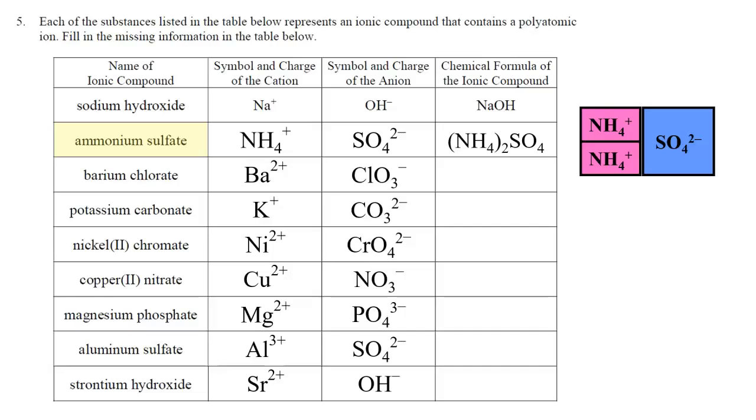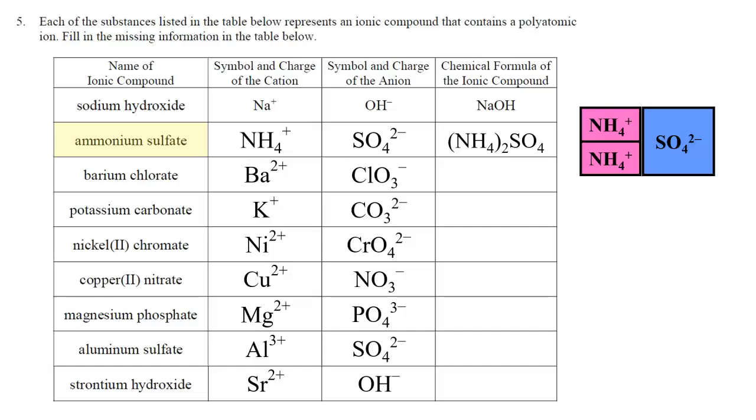So in this case, I wrapped parentheses around the NH4, and then because I need 2 ammonium ions in this formula, I put that 2 as a subscript outside the parentheses to show that the NH4 is being multiplied by 2. And then SO4, I did not put any parentheses around it because I only need 1 of the sulfate ion. So it's NH4 inside parentheses times 2, there's that subscript 2, and then SO4.